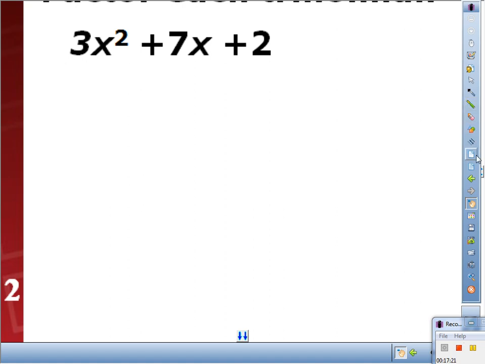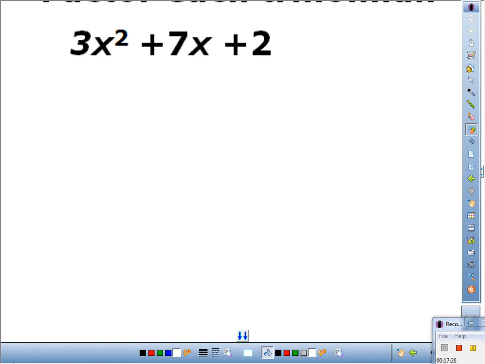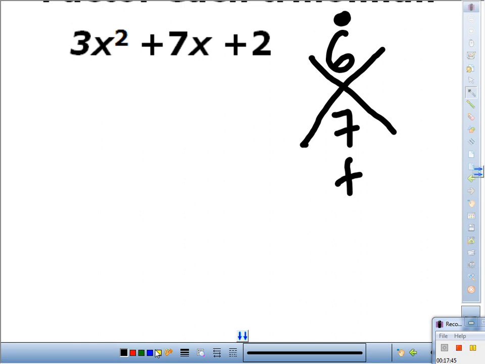Example, supercube. Copy this. 3x squared plus 7x plus 2. Is it in standard form? Does it have a GCF other than 1? No. Therefore, Power Rangers. What goes on top? 6. What goes underneath? 7. Factors of 6 that add up to 7: 1 and 6. Therefore, from there we can get our factors. What do we need? The leading coefficient, right?